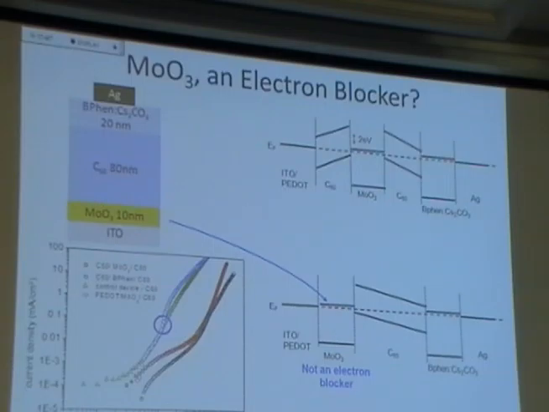So how can these energy levels not accommodate the moly oxide? Because there is a slope on these energy levels. In the moly oxide as well? But in the moly oxide there is no slope. Why? I think the rationale was that the carrier density of moly oxide is such that the majority of the band bending is going to occur in the C60.